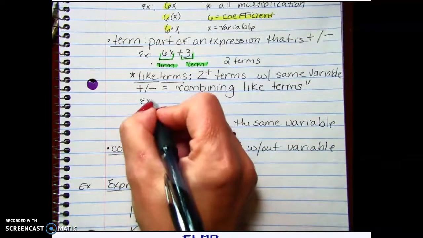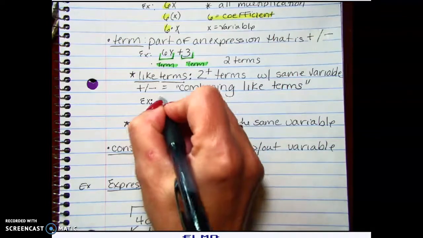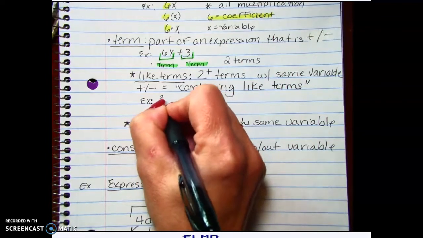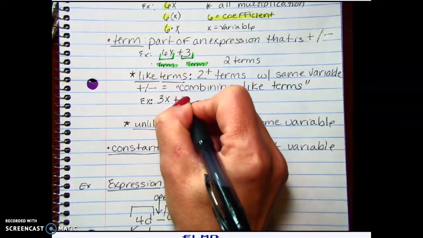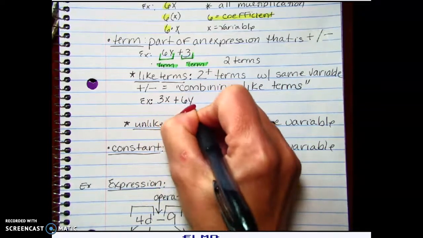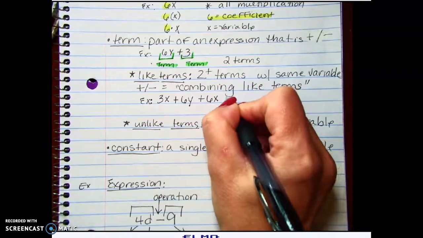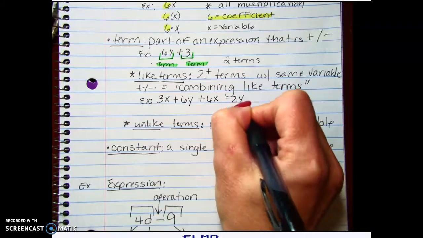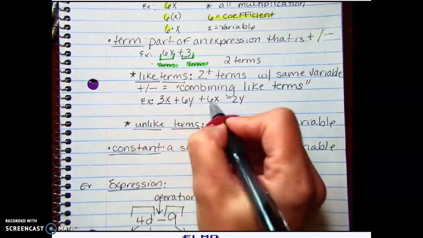We're not going to spend a lot of time on this today in our homework, but it is something that you're going to have to be able to do. So if we have 3x plus 6y plus 6x minus 2y. So what I do is I look for the same variable.